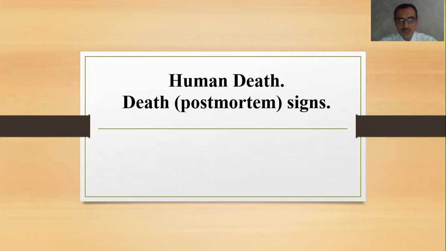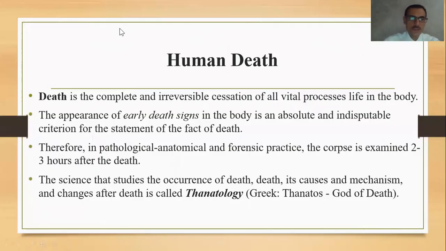Now, let us continue the second part of our lecture about the human death and death science, or the post-mortem science. Human death, or the death, is a complete and irreversible cessation of all vital processes, life in the body. The appearance of early death signs in the body is an absolute and indisputable criterion for the statement of the fact of death.